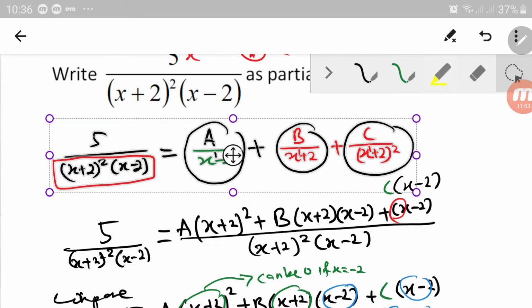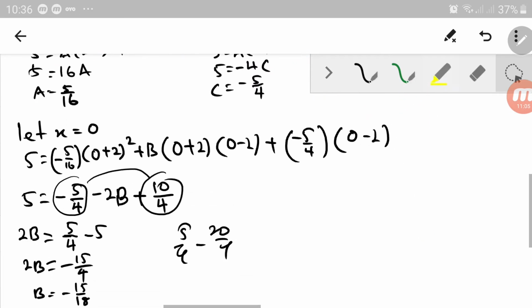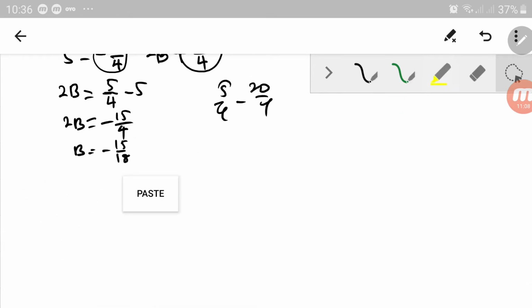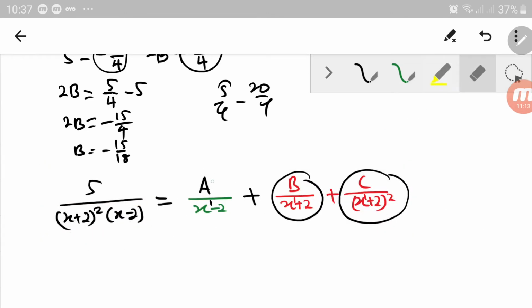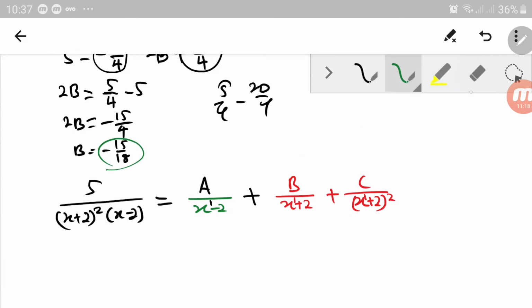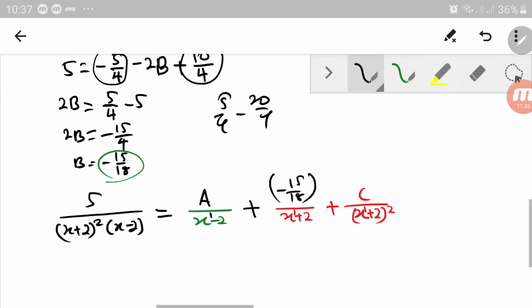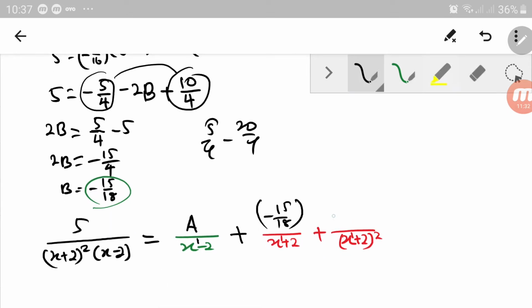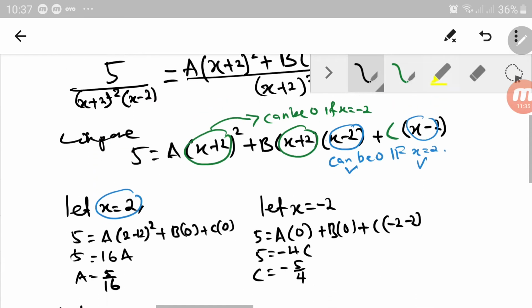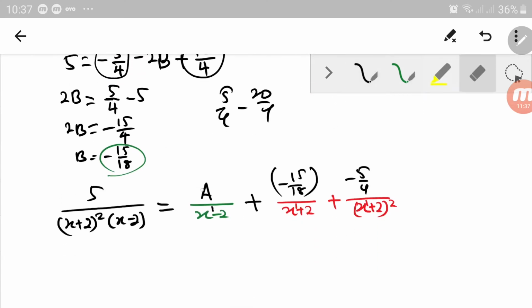Now I grab the partial fraction form, and then we substitute the values of a, b and c appropriately according to their location. So I get rid of this first. Over here we already got b, so I put b first. b is minus 15 over 18. And then c is minus 5 over 4. a is 5 over 16.